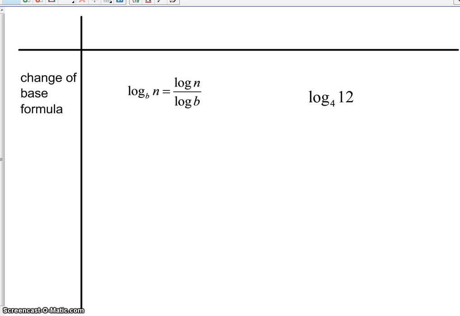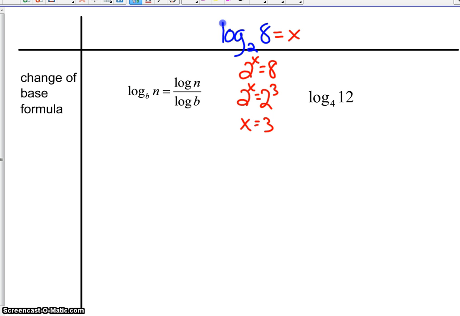All right, so we're going to run into a situation where the change of base formula is going to help us out with some things. If we think back to some earlier problems, if I was doing log base 2 of 8, how we did that in the previous assignment was we'd let it equal x, rewrite in exponential form, get like bases, and then since my bases were the same, the expressions were equal, my exponents had to be equal.